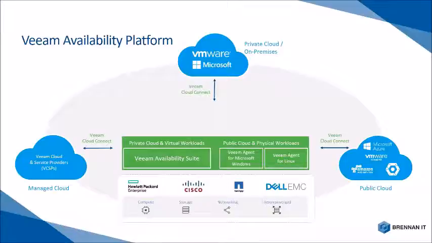It's coming in 9.5, which we're going to see soon: the Veeam Agent for Windows and also for Linux. It's like a traditional backup. You will be able to install a client inside a VM, inside a physical server, or in the cloud, and communicate with the Veeam Availability Suite, and that's how we start capturing information from off-premises, whether that's the public cloud or the physical workload.